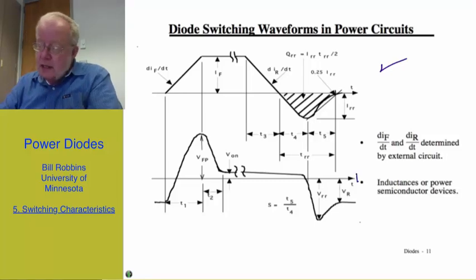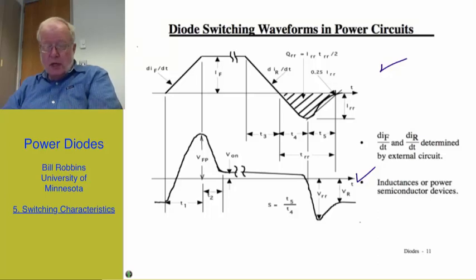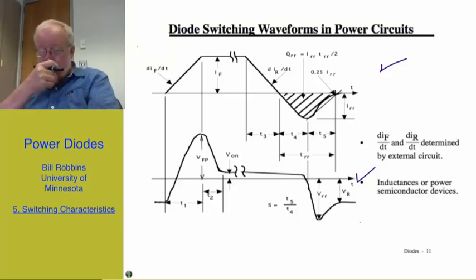In the current, at t equals 0, we begin to turn the current on at a rate of dI_F by dt. That ramp rate for increasing the forward current is dictated by the external circuit, either a series inductance and a power supply voltage, or the speed of a switch which is in series with the diode.